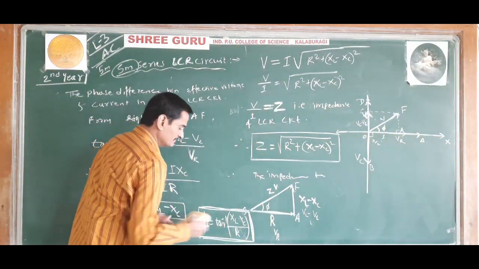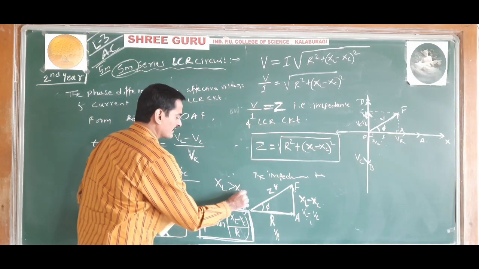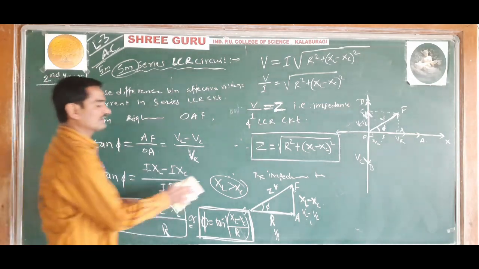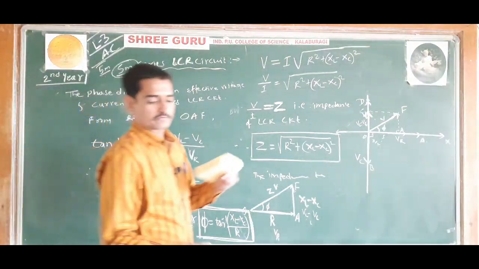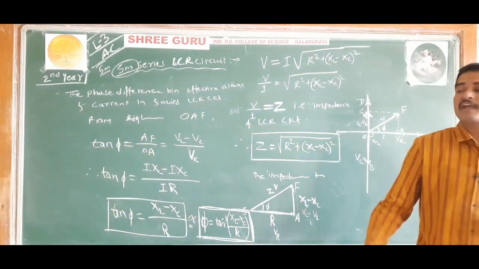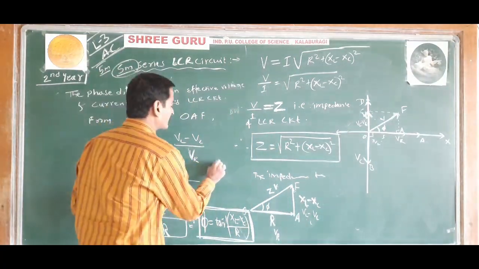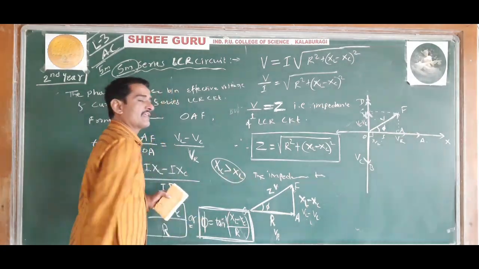Remember that we did this derivation by taking XL greater than XC. Once in the exam question paper, they asked to derive the series LCR circuit by considering XC greater than XL.